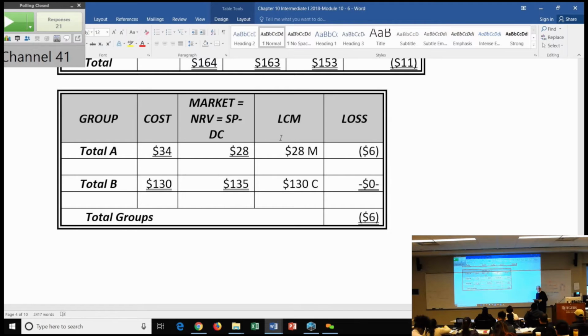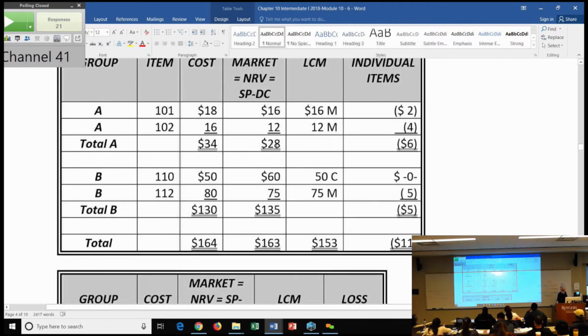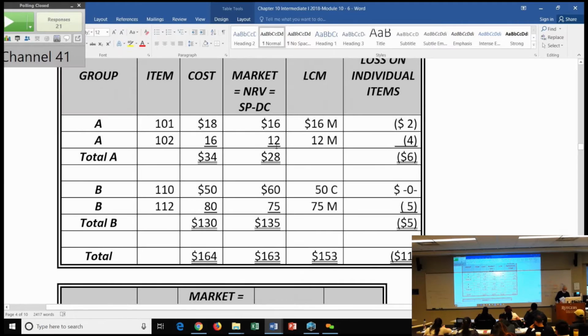And then finally, I can just show you right up on the screen now. I'm going to turn the page, but when I look at total inventory, total cost against total market, for aggregate, again, this was ConocoPhillips, they're using aggregate, all their inventory: the market's 163, the cost is 164.